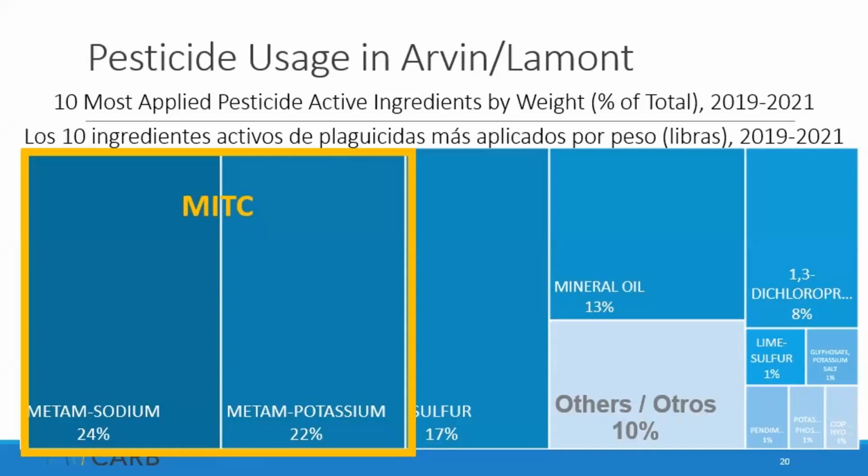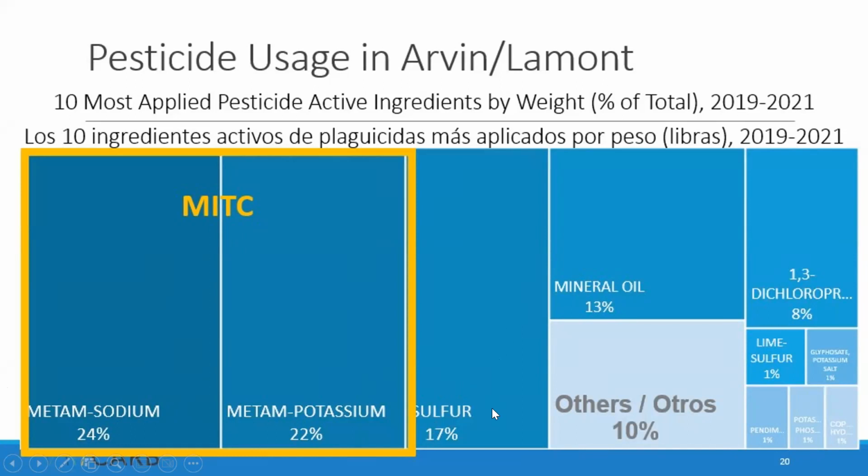In terms of Arvin-Lamont data, these are the high use compounds in the community. The highest use would be combined MITC, which is the breakdown product of both metam sodium and metam potassium. That's about 46%.